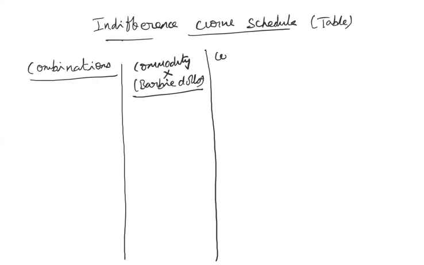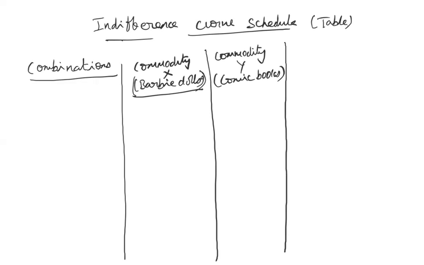Third column, commodity Y. So in our example, it happens to be comic books. Fourth column, what is the level of satisfaction?